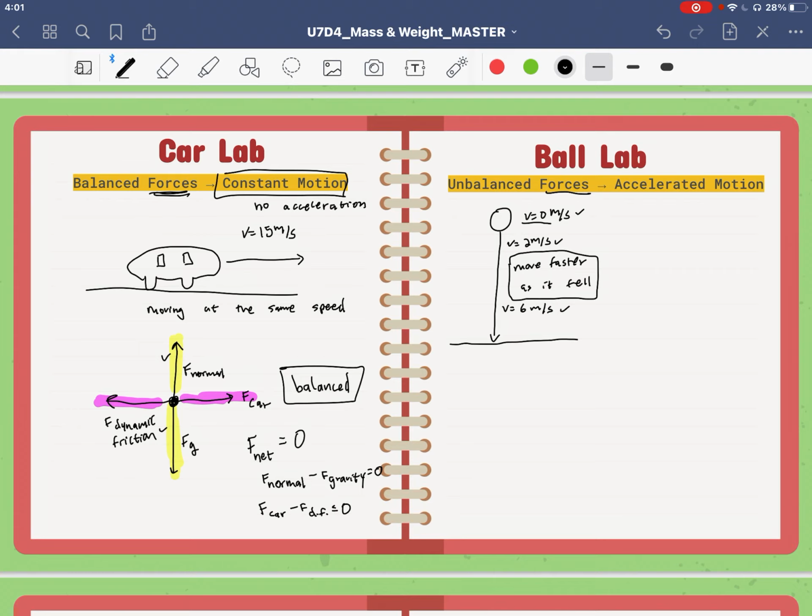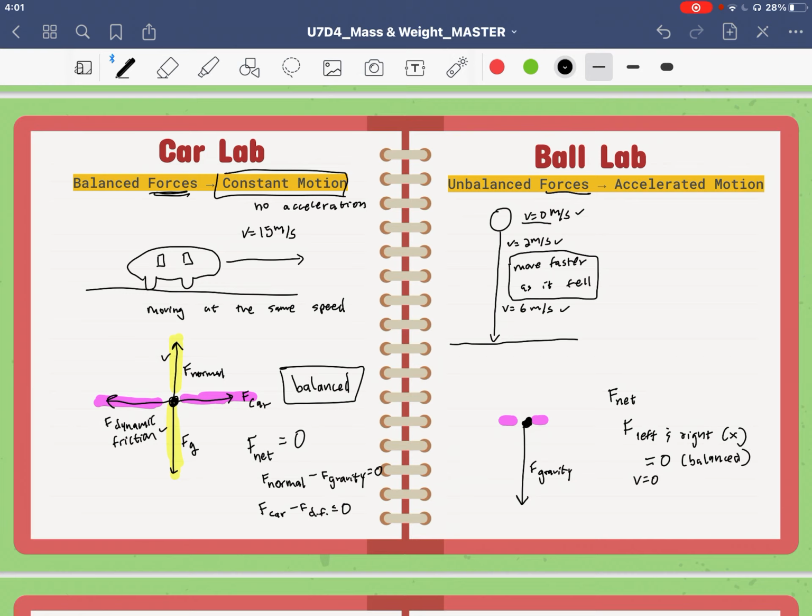All right, how about the ball? What forces were acting on the ball? Well, on the ball, we had F of gravity. So if we look at F net, the forces in the x direction, left and right, I see there's no force in the x direction, and so we actually do have balanced forces.